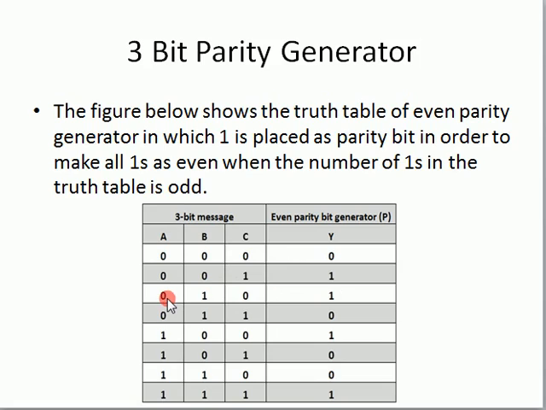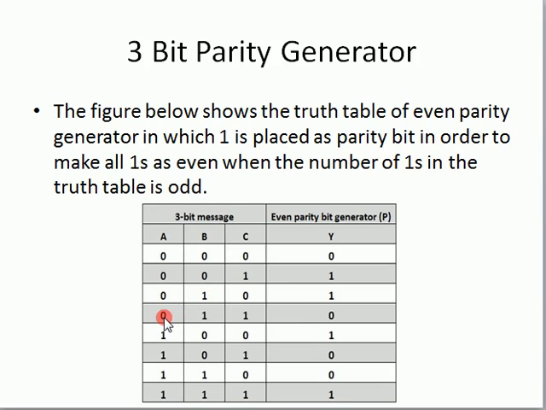In the next combination we have 0 1 0. Here again at the input side we have an odd number of 1s and we have to make it an even number of ones. So here the even parity bit is again 1. Now in the input and the output side we have an even number of 1s.